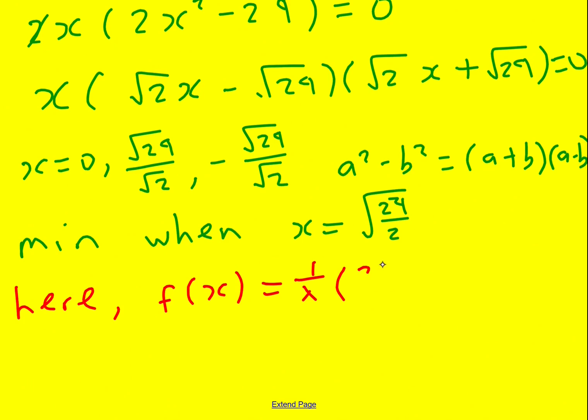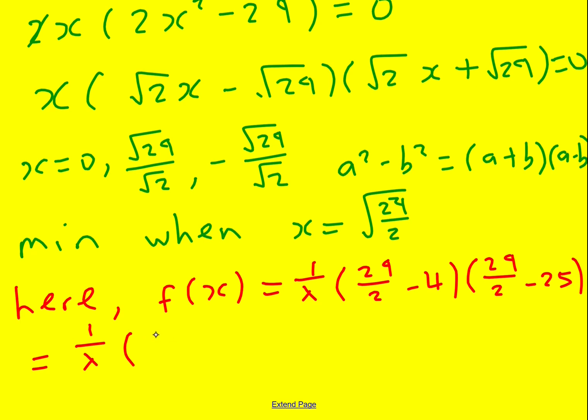So it's going to be 29 over 2 minus 4 times 29 over 2 minus 25. Okay, let's get it over common denominator.